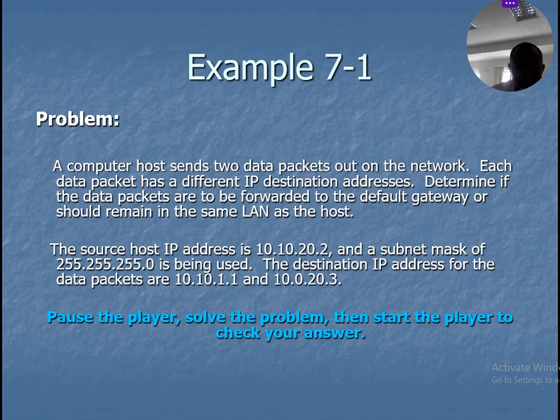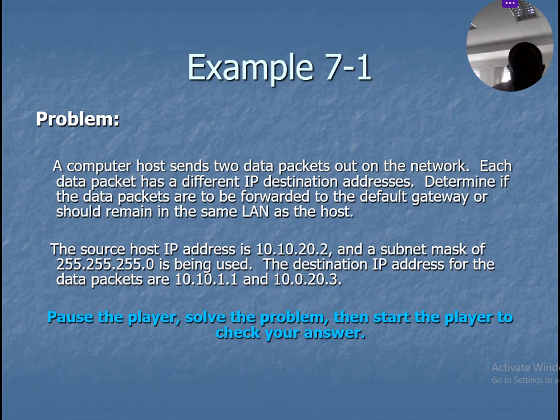A computer host sends two data packets out on a network, and each data packet has its own different IP address. Determine if the data packets are to be forwarded to the default gateway or should remain in the same LAN as the host.